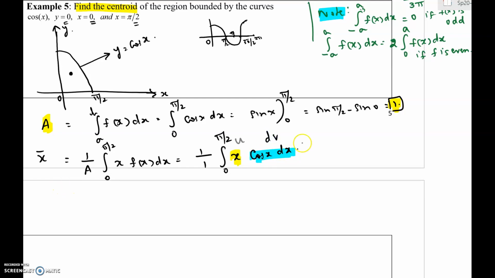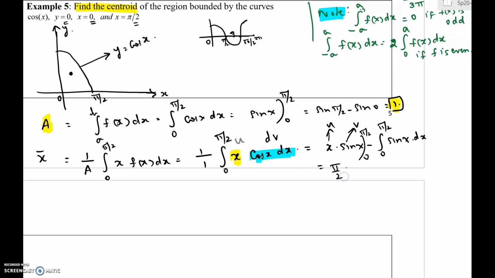So if you apply integration by parts, it is u times v minus integral v du, where the integral of cosine x is sin x, so that becomes v. The x times sin x also should be evaluated between 0 and pi by 2.